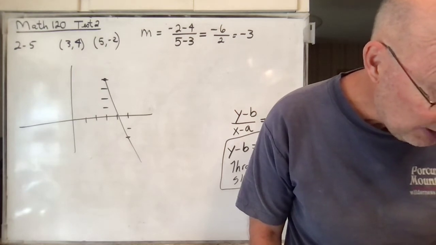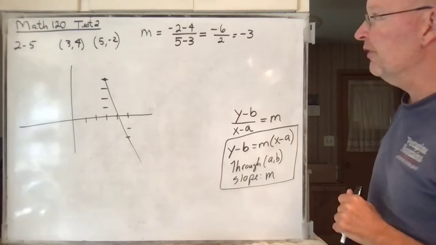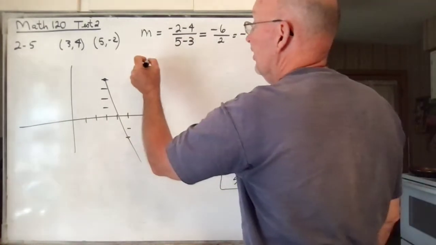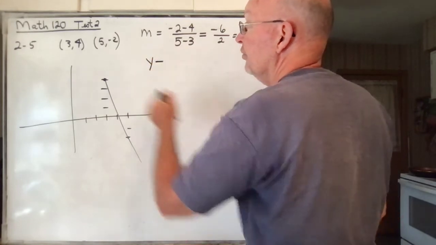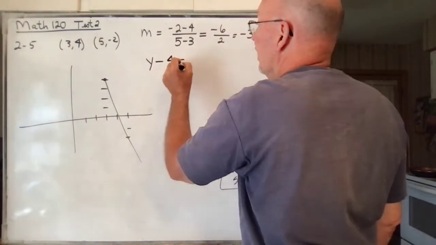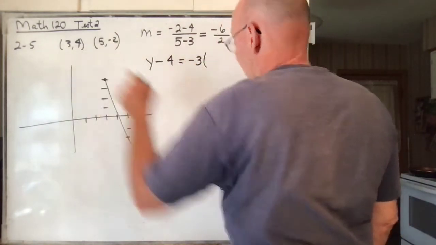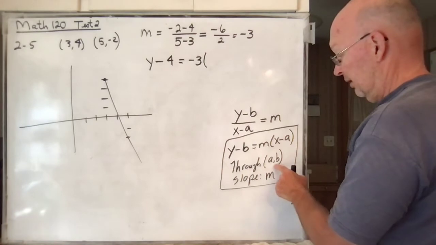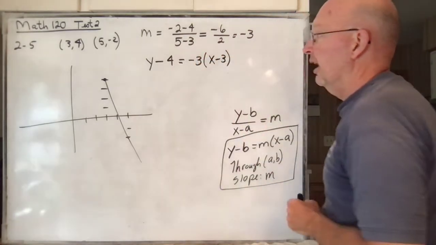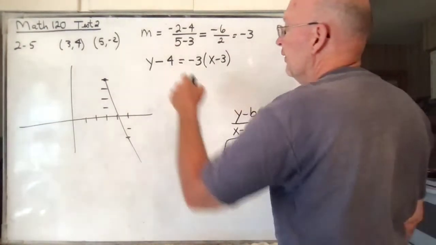The slope is -3. Now we want the equation of the line. How do we find the equation? Well, we just use this right here. I just say y minus, and I choose either one of these points. Let's go y minus 4 is equal to the slope times x minus 3. Let's go ahead and simplify it, solve it for y.